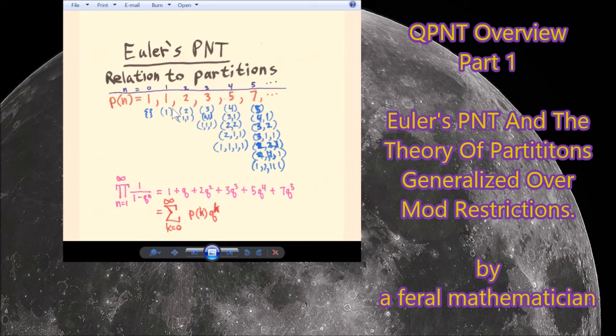And so the inverse of the generating function on the previous slide gives this q series sequence where the exponents are now the index, and it's the coefficients that are of interest because they are the partition numbers. The p(n): 1, 1, 2, 3, 5, 7, and coefficients 1, 1, 2, 3, 5, 7.